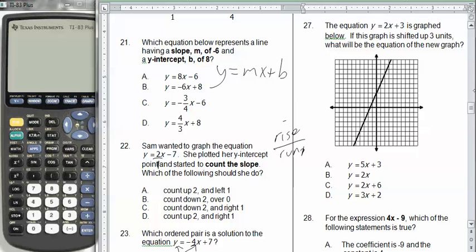The equation y equals 2x plus 3 is graphed below. If this graph is shifted up 3 units, what would be the equation of the new graph? Okay, well, all we really need to look at probably is the y-intercept here. Y equals mx plus b. We can actually do a couple of things, but this is probably enough. So if we move this up 3, so it goes 1, 2, 3, this line is going to look like this.